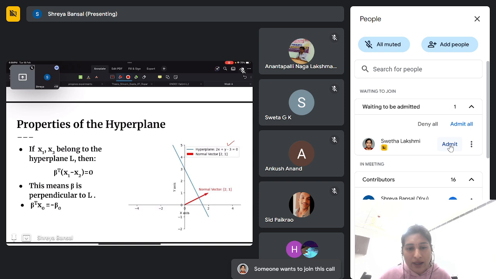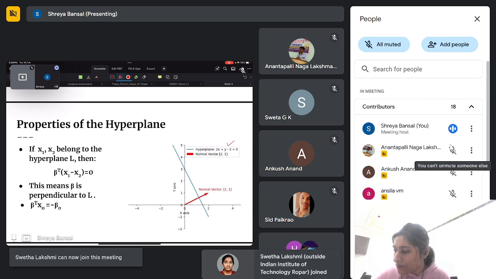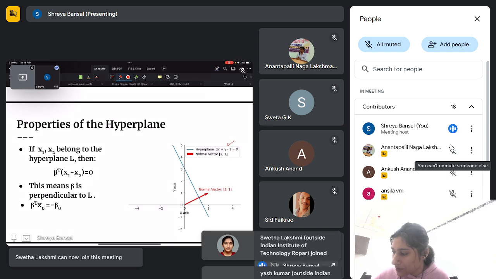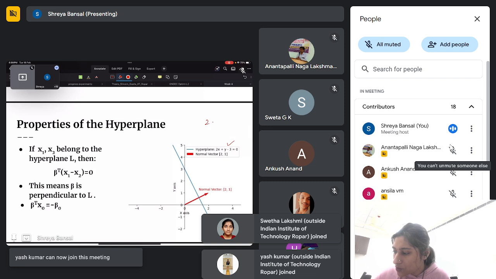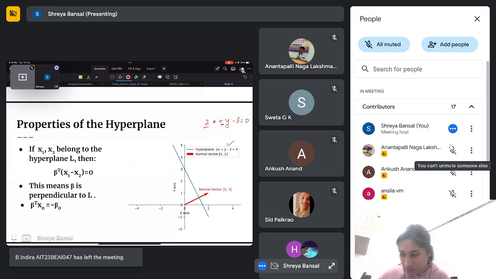It means we have a vector, this 2x plus y minus 3 is equal to 0. So this 2 and 1 are your beta values. Remember, we have beta naught plus beta 1 x1 plus beta 2 x2, and so on, is equal to 0.